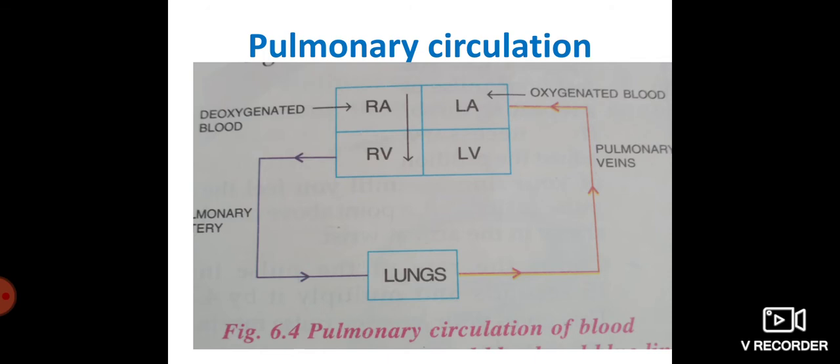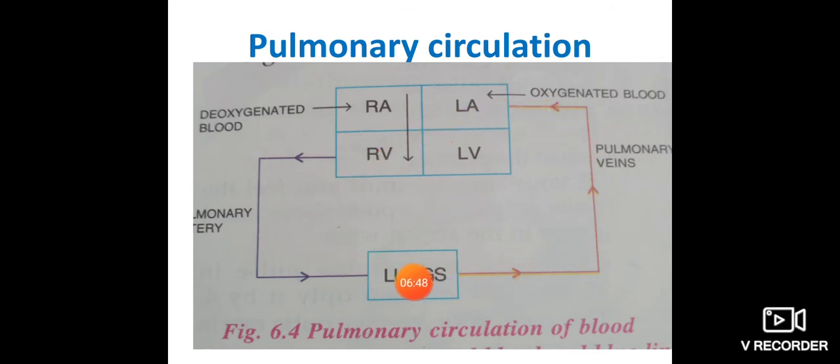So here, in this diagrammatic representation, you can see that oxygenated blood from the lungs passes through the pulmonary vein and opens into the left auricle, and from the left auricle it reaches the left ventricle. Okay, clear? So this is one type of circulation.